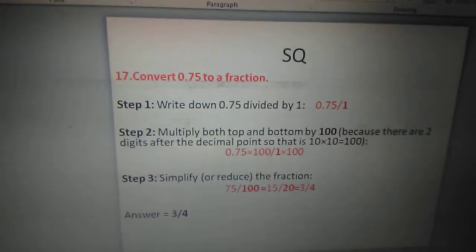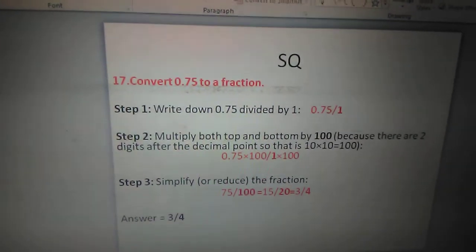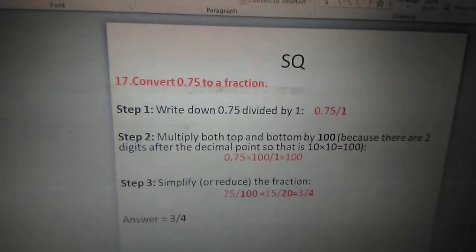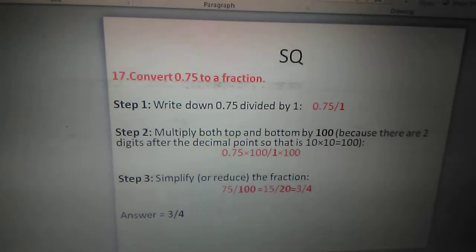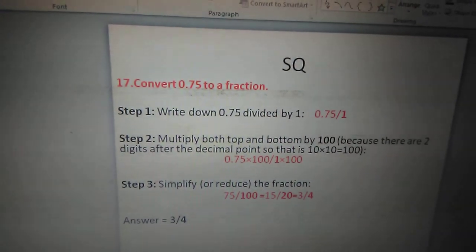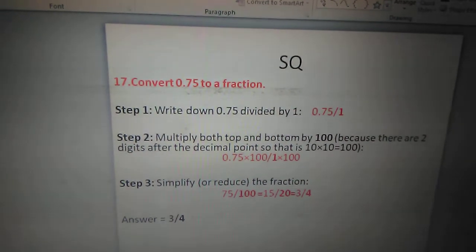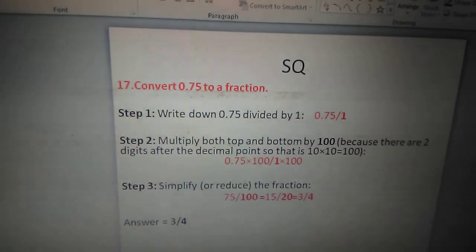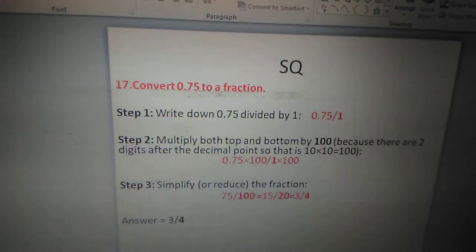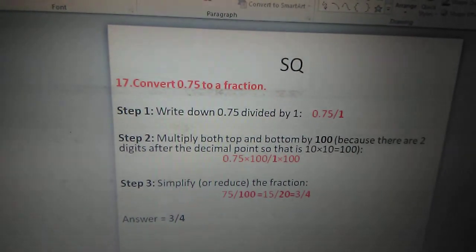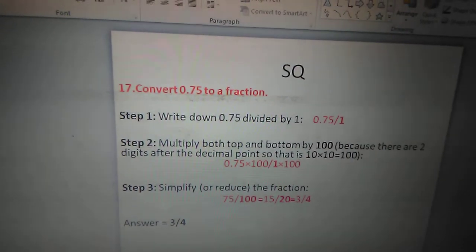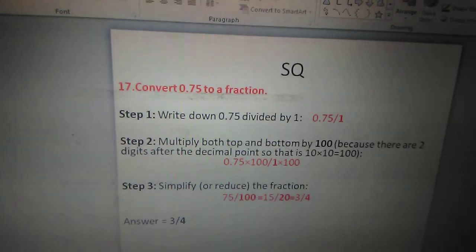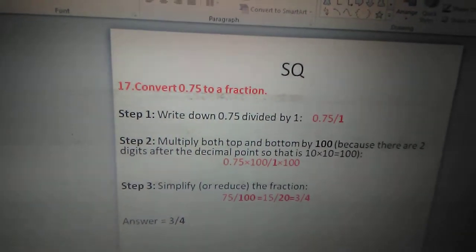We have discussed how to reduce in the fraction chapter. You have to reduce until you cannot reduce it anymore. So 3 and 4, you cannot reduce it anymore, as there is no common number by which you can divide 3 and 4 together.